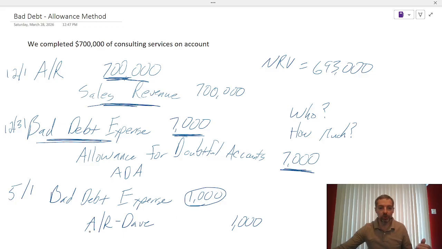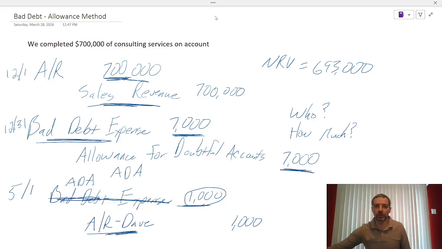And now we know who, so we can actually write off the account. If we put it in bad debt expense, it is double counting that expense. So we're not going to put it in bad debt expense. Instead, we are going to take it out of the allowance for doubtful accounts. So we are going to debit the allowance.